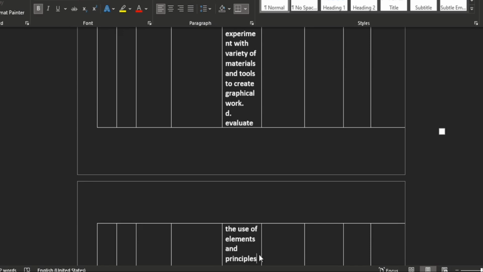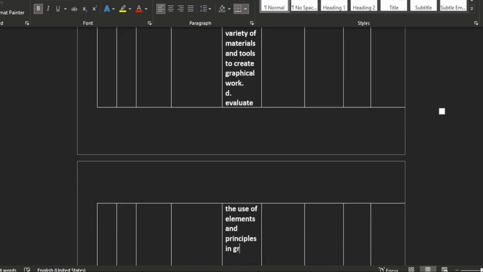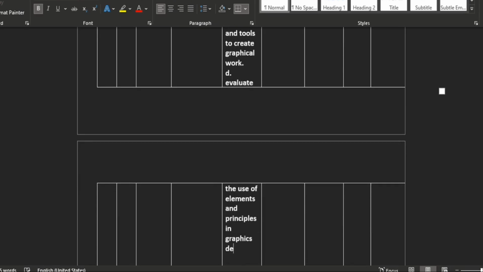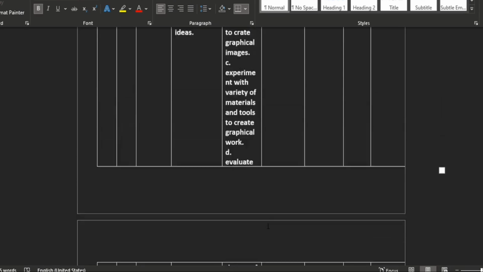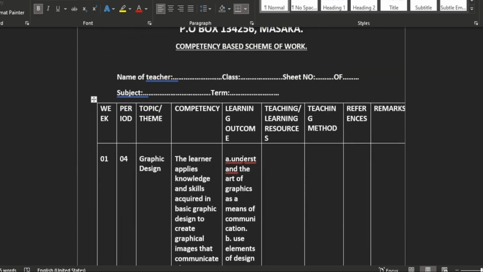Then from learning outcomes we have to go to the teaching or learning resources. Right. So I tried explaining something about the learning resources. Maybe the computers, the colored pencils for the graphics, the rulers, or already designed graphic work where they can see and do their research from.